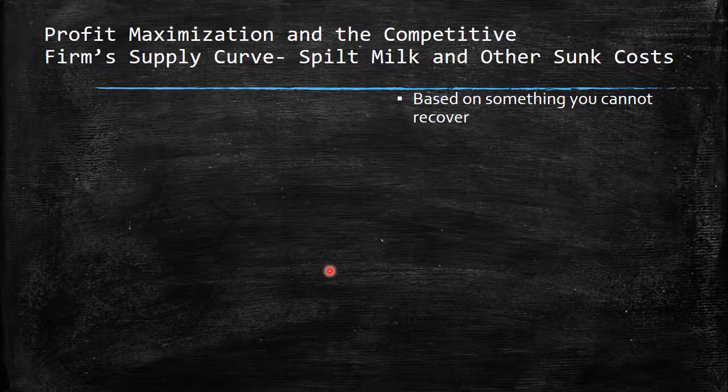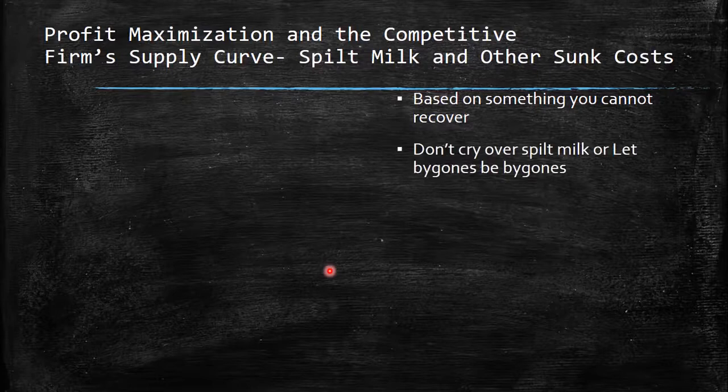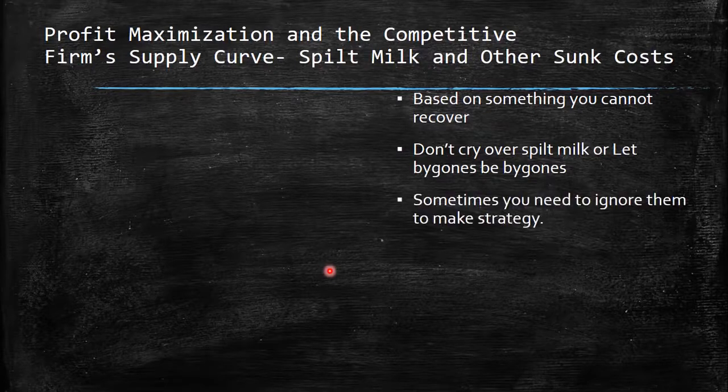This is based on the idea that something that you cannot recover is already lost. For this reason we can take some adages that say, don't cry over spilled milk, or let bygones be bygones. It doesn't matter what you do, the milk is already spilled. Don't pay too much attention.